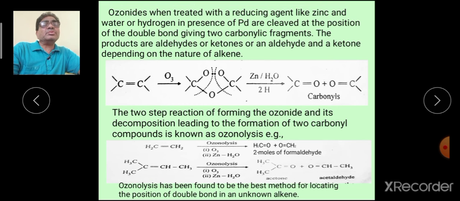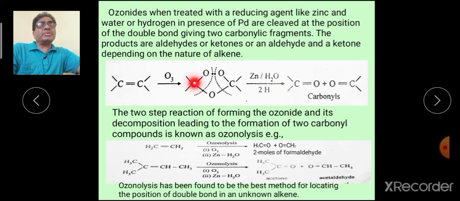This ozonide, when treated with a reducing agent like zinc and water, or hydrogen in the presence of a catalyst, is cleaved at the position of the double bond. Here the ozonide is shown, and this is the cleavage of the ozonide at the position of the double bond, giving this carbon atom oxidized.